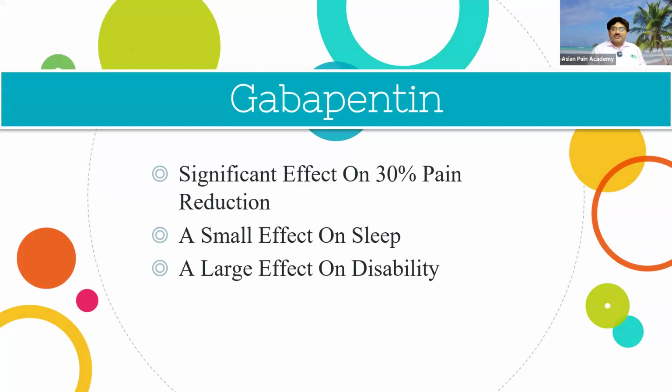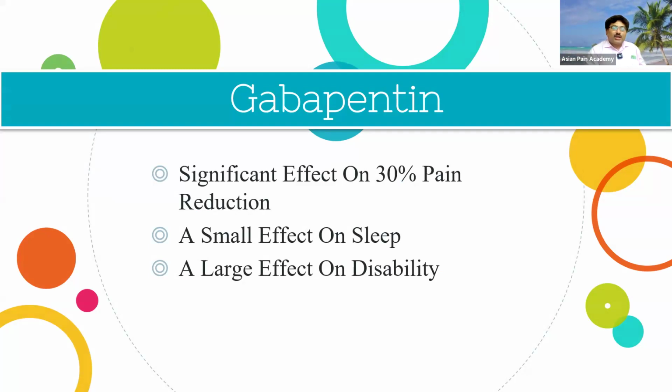Gabapentin is a previous congener of pregabalin, having almost a similar effect, except that its absorption profile is not the same. It is erratically absorbed after oral administration, and the sleepiness is more in some patients. So if the patient has sleep disturbance, instead of pregabalin you can start with gabapentin. The usual starting dose is 300 milligram, then gradually increased up to 1200 milligram.